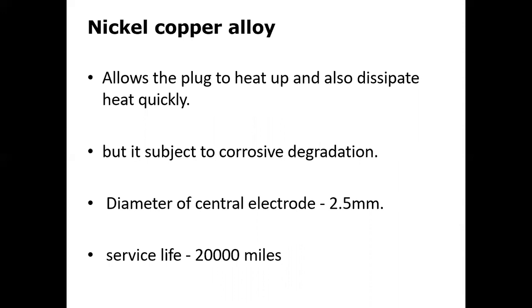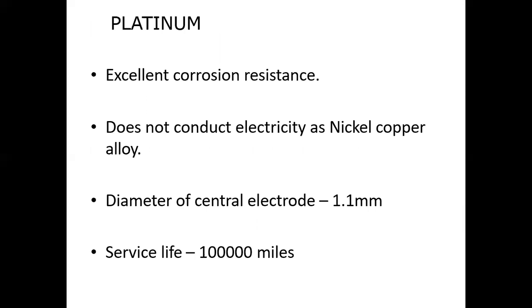First we will see the center electrode models. Nickel copper alloy allows the plug to heat up and also dissipate heat quickly, but it is subject to corrosive degradation. The diameter of the central electrode is 2.5 millimeter, and the service life is 20,000 miles. Platinum has excellent corrosion resistance, but does not conduct electricity as well as nickel copper alloy.